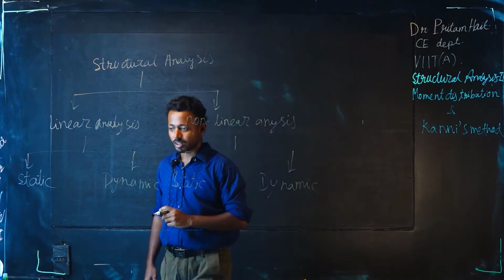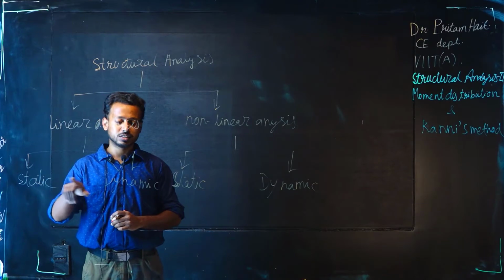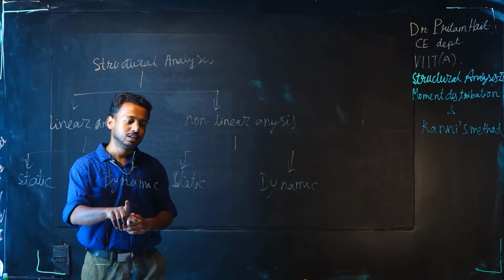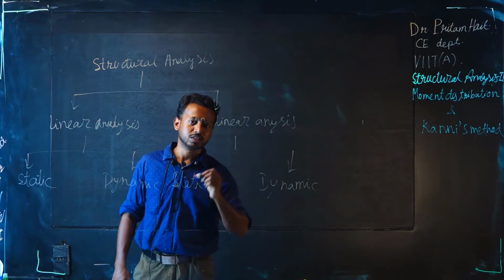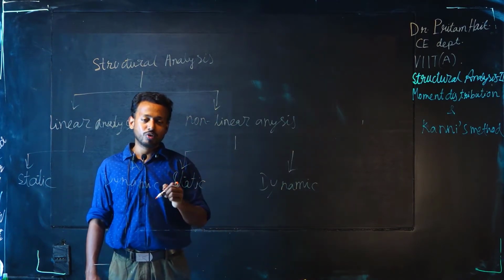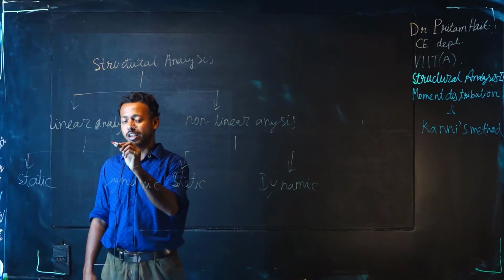Right? So this is static linear analysis, this is dynamic linear analysis, this is static non-linear analysis, this is dynamic non-linear analysis. In this class, we will only perform the static linear analysis.